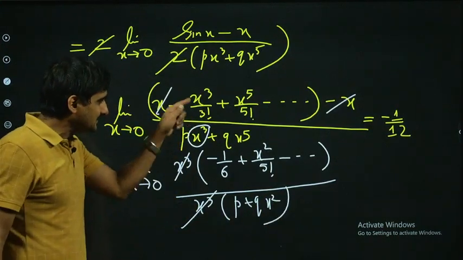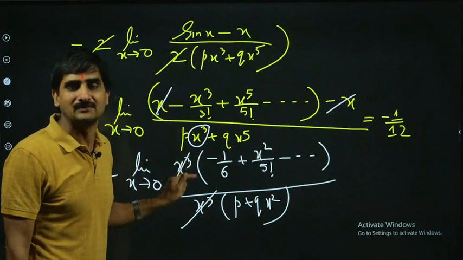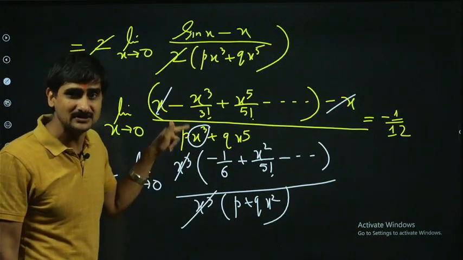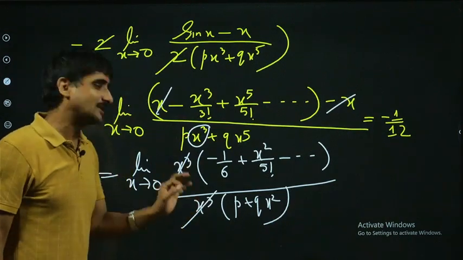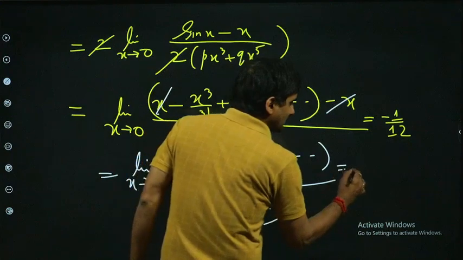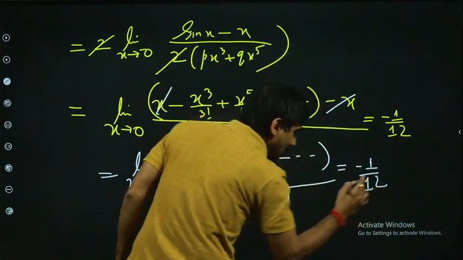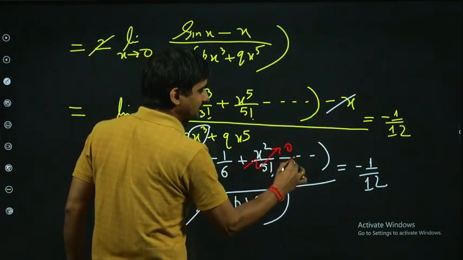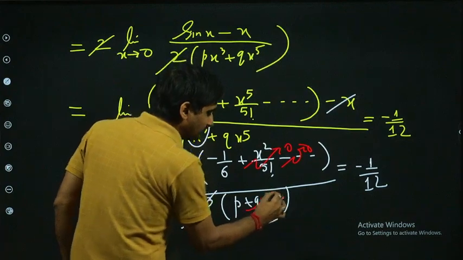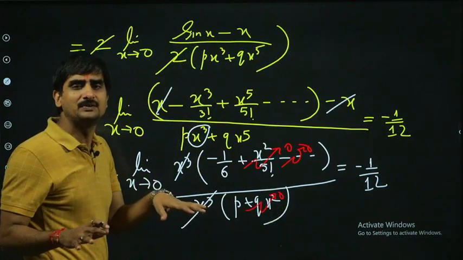See, since the least degree terms' power in both numerator and denominator is the same, 3 and 3, we will get something which is your non-zero finite value. Now this is equal to minus 1 by 12. Now as x approaches 0, every other term except the first term in both numerator and denominator will go to 0. So that means q has no role to play whatsoever.